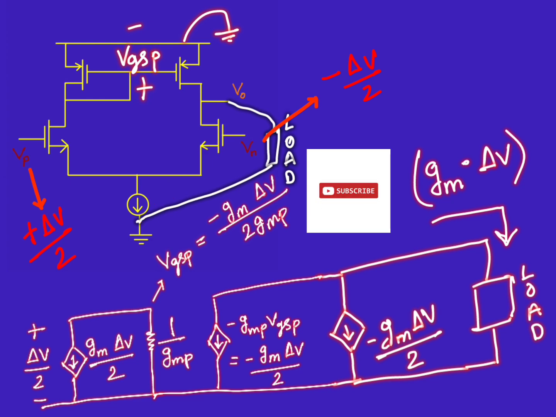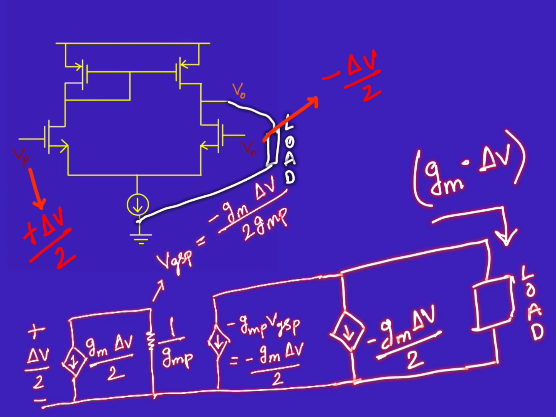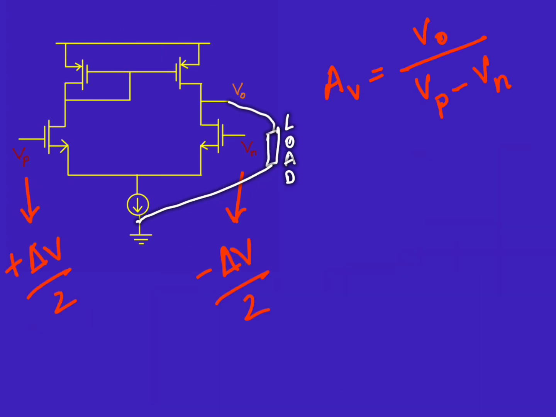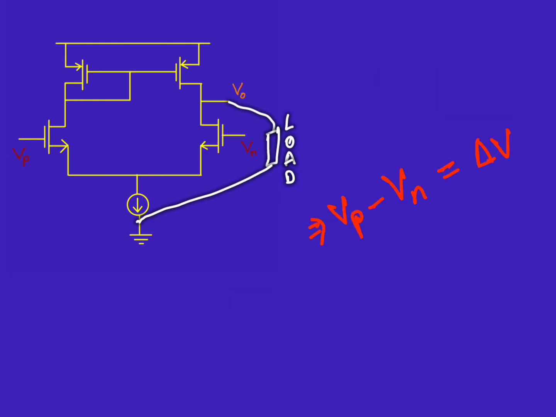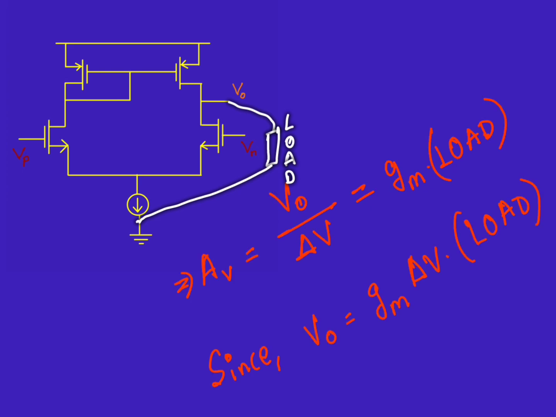So if we calculate the open loop voltage gain, that is the single-ended output divided by the difference between the two differential inputs. Here the difference between these two differential inputs is del V. So the open loop voltage gain is minus Gm into the load value.